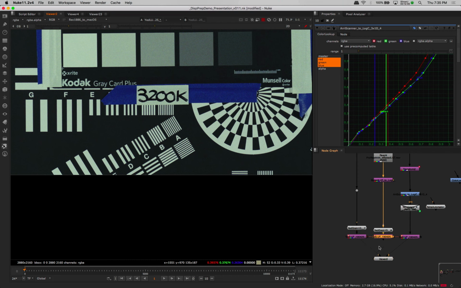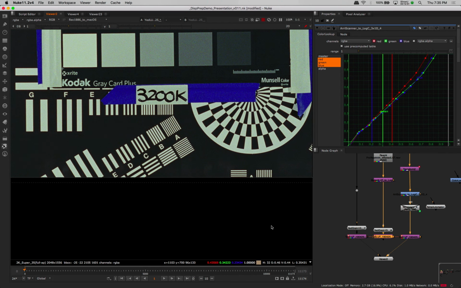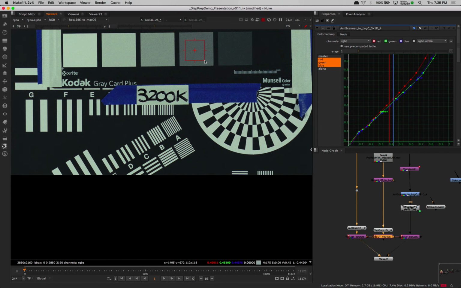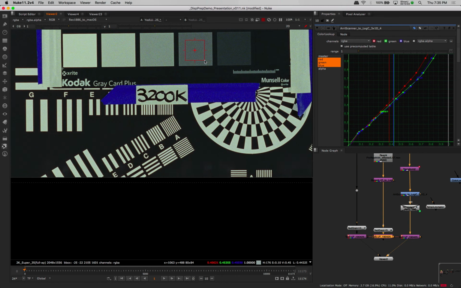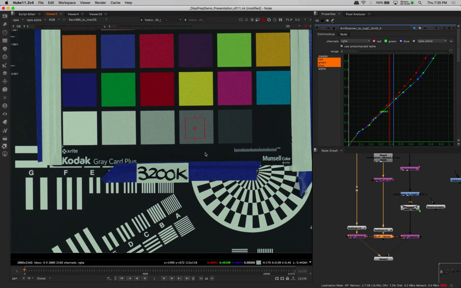As it goes back and forth, you guys see that? So we can see now we have a matching tonal reproduction for each. This is 0.45 on both, right?